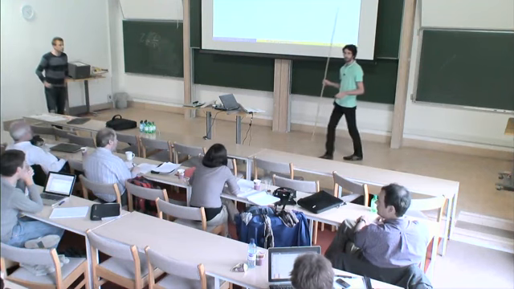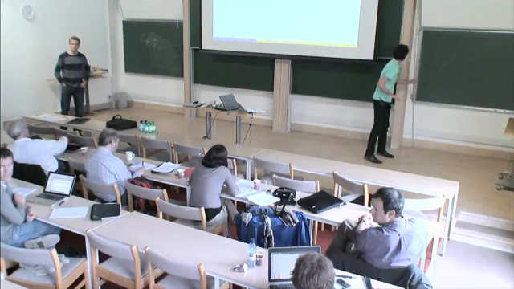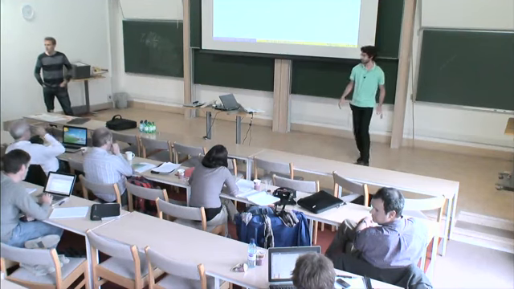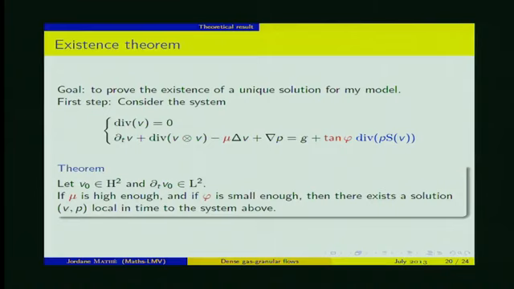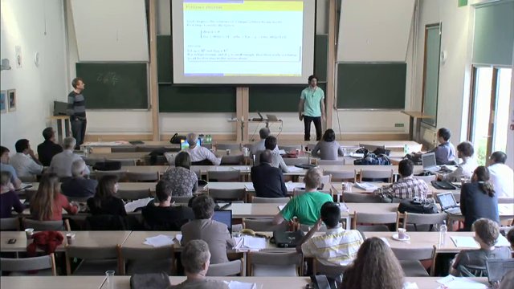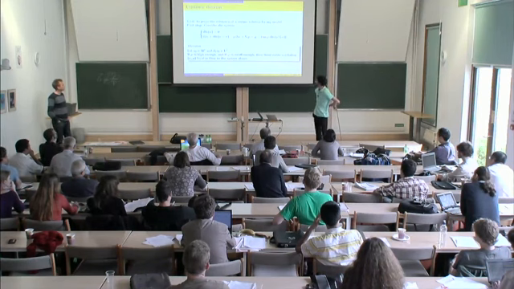Perhaps, okay, a little bit technical question. Can you go back to your existence theorem? So, you assume that your initial condition is H2, and it's not divergence free. No, it's H2, sufficient.